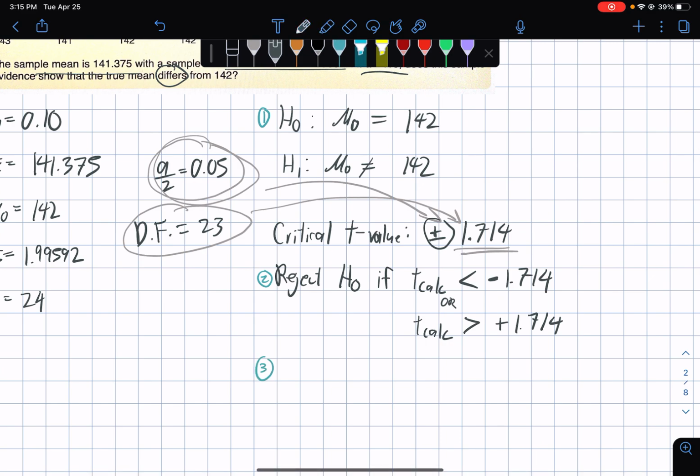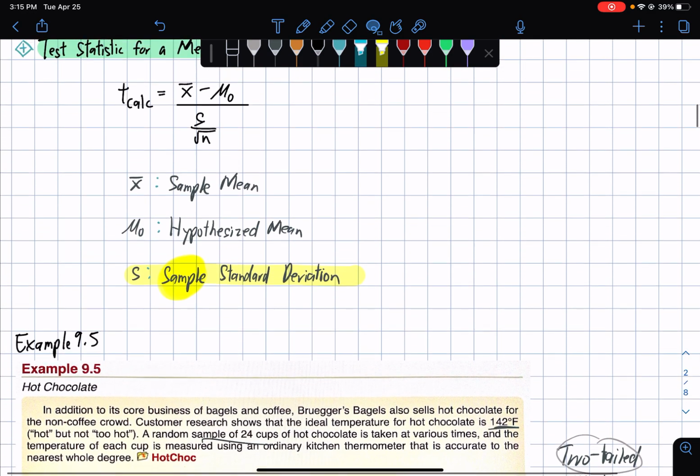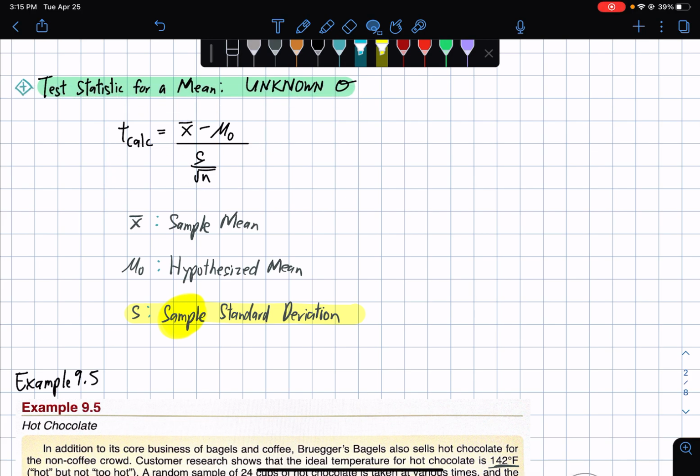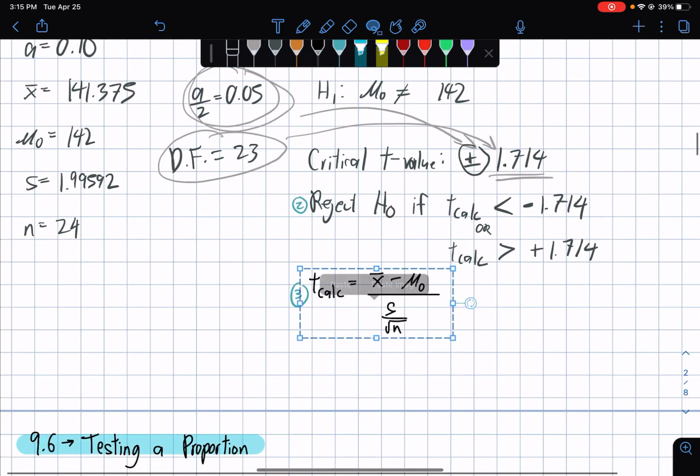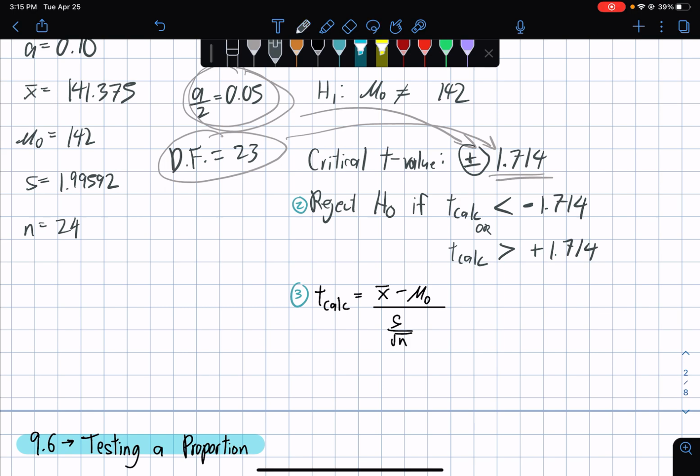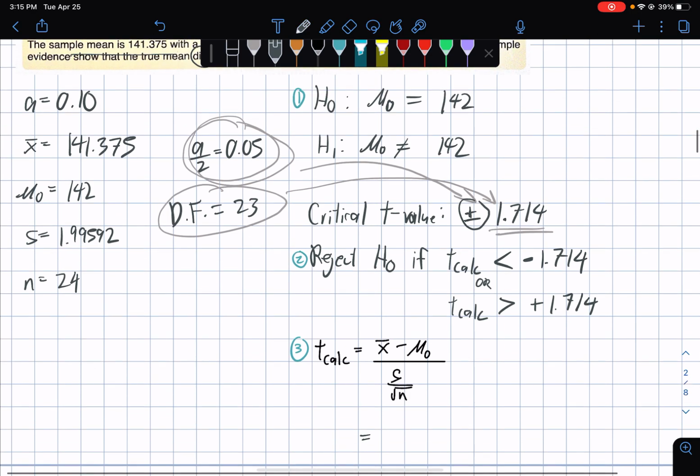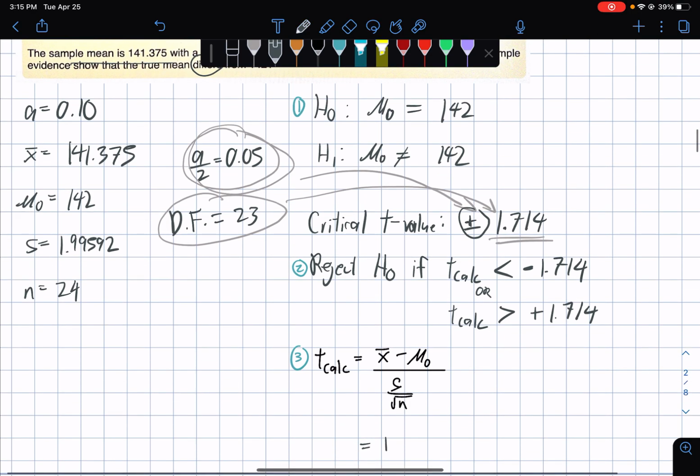Next, the formula. Copy paste lang yan. I believe Miss Ivy is going to provide the formula in the exam, so we don't have to worry about it anymore. We just have to worry about which formula we're going to use in a situation.